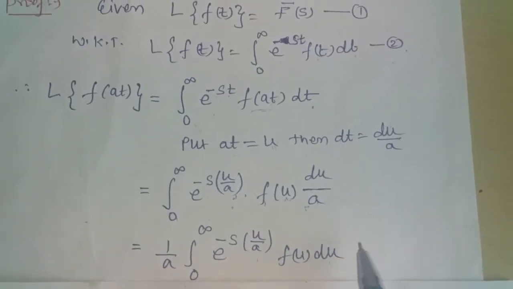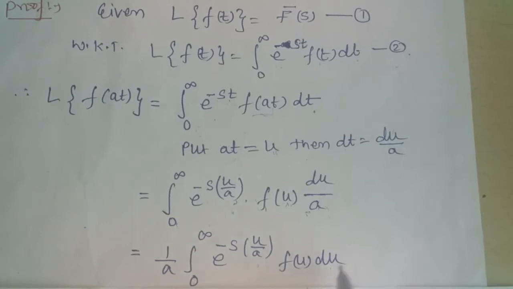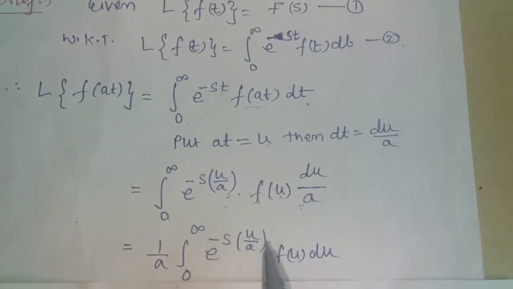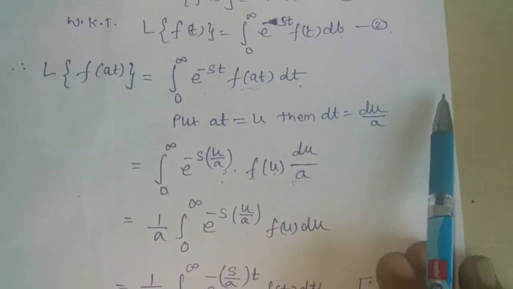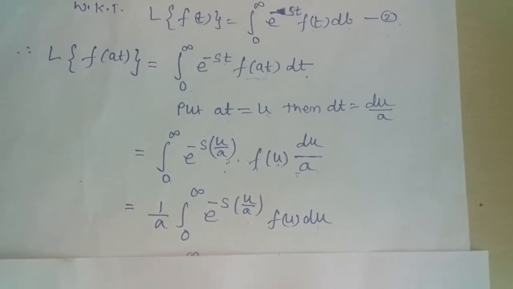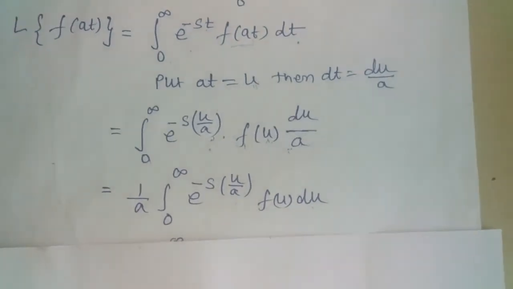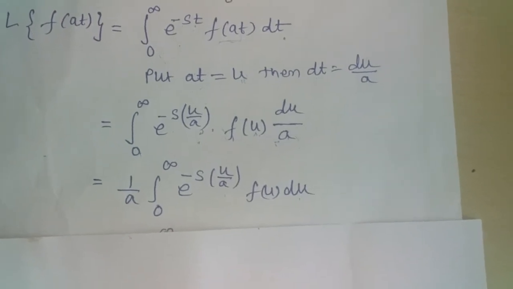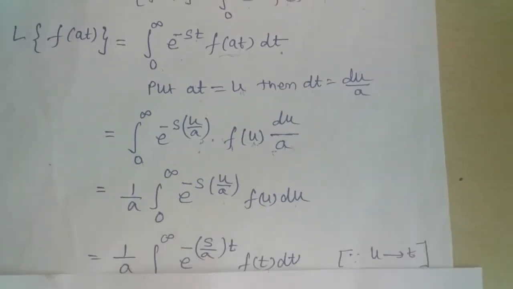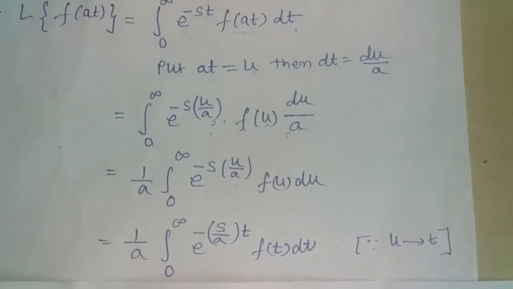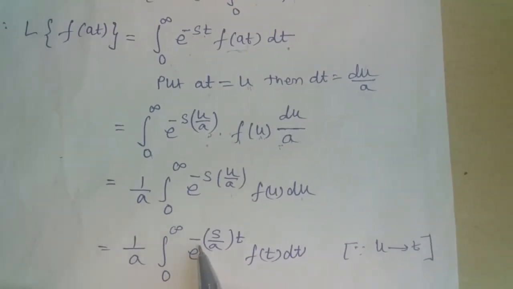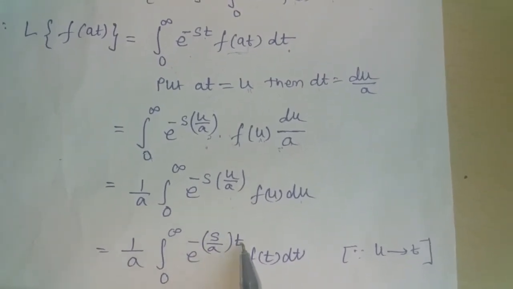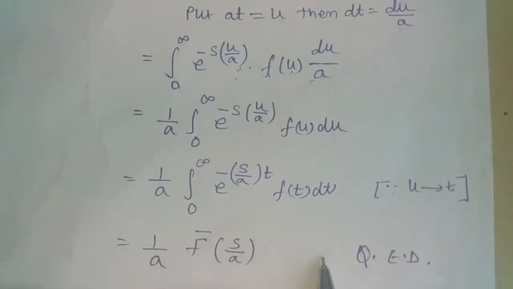Now we change the variable of integration u to t by using the property of definite integrals, that we can change the parameter of the integral without changing its limits. So we get (1/a) times the integral from 0 to infinity of e^(−(s/a)t) f(t) dt.